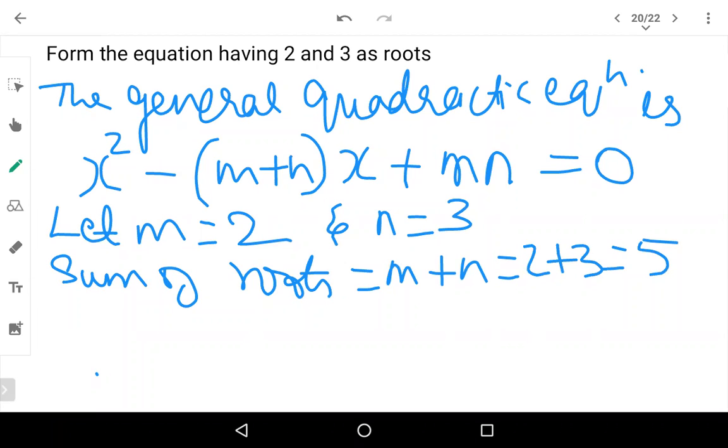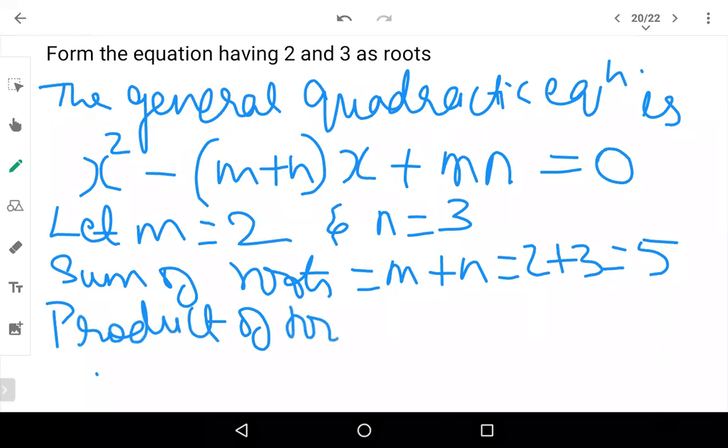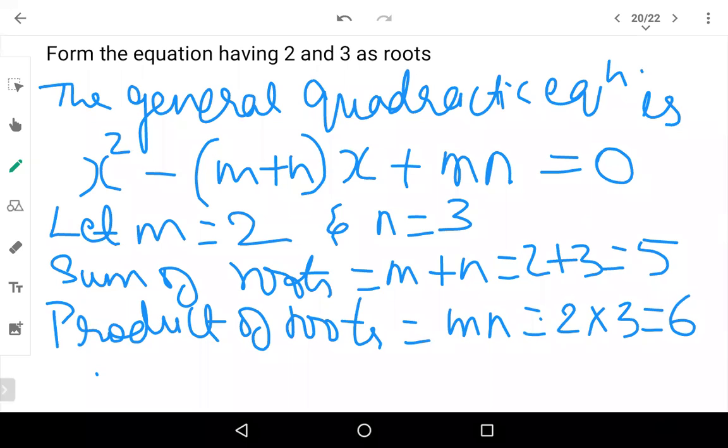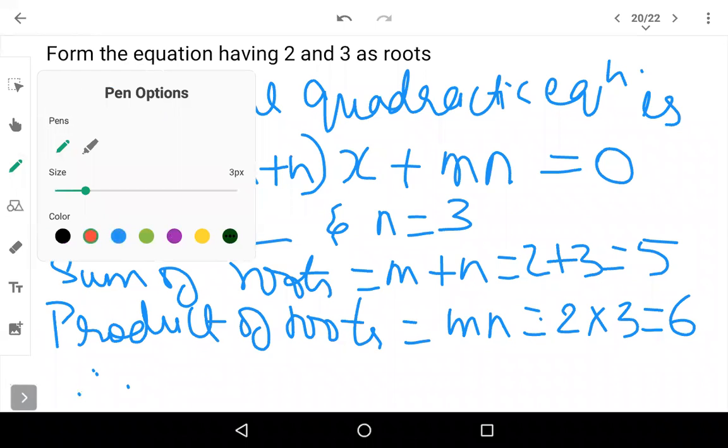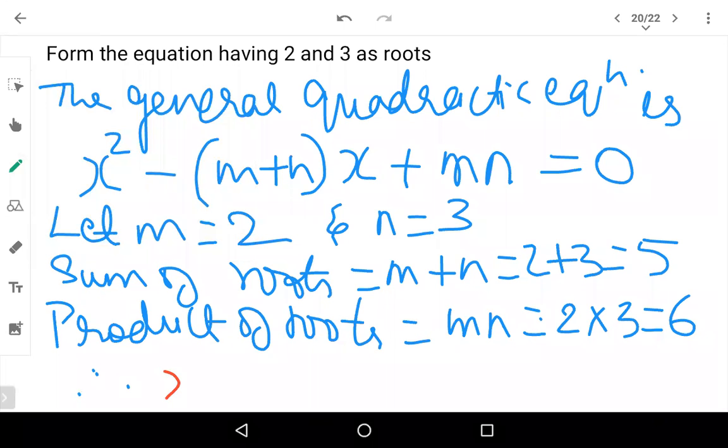And then product of roots, m into n, that is 2 into 3 is equal to 6. Therefore, x square minus (m plus n is 5)x plus (m into n is 6) is equal to 0. So this is going to be the answer.